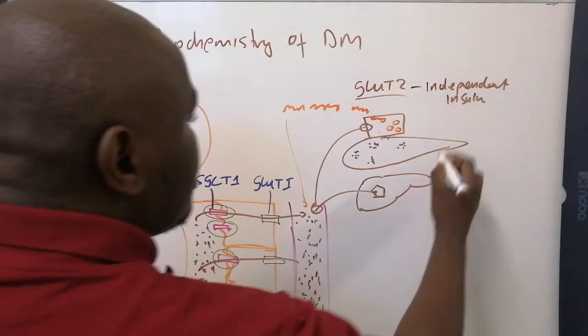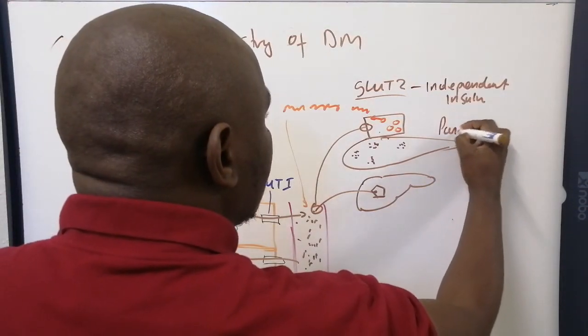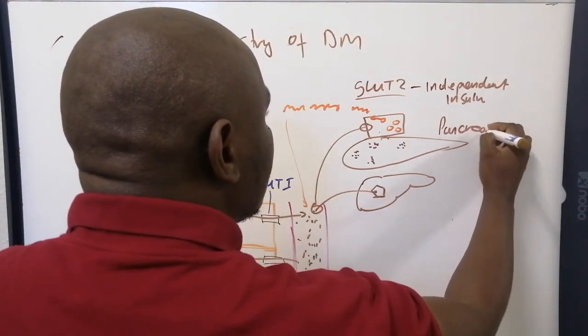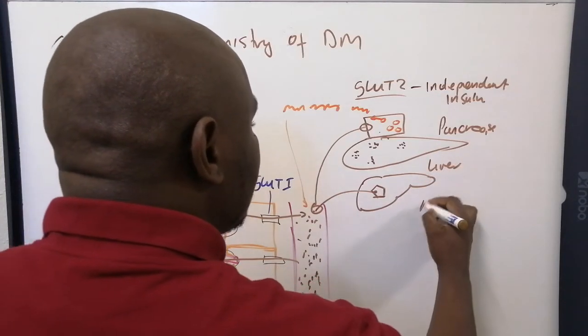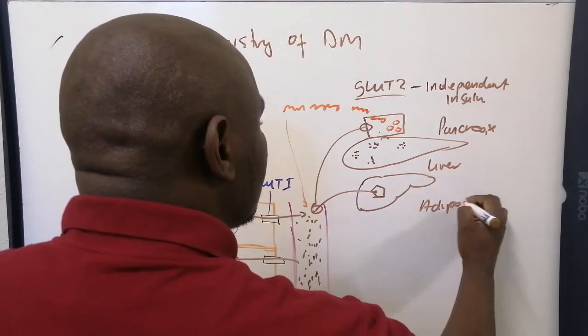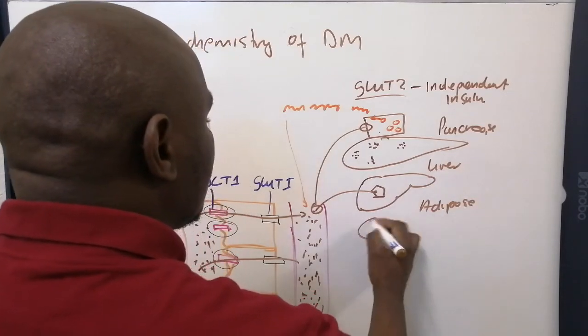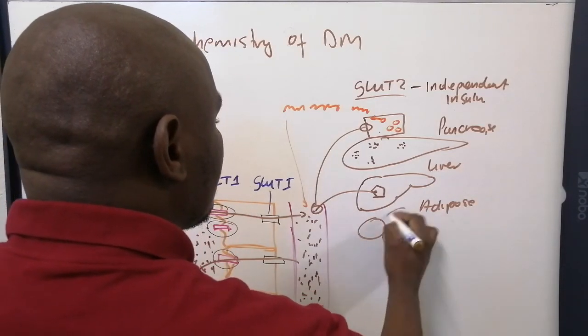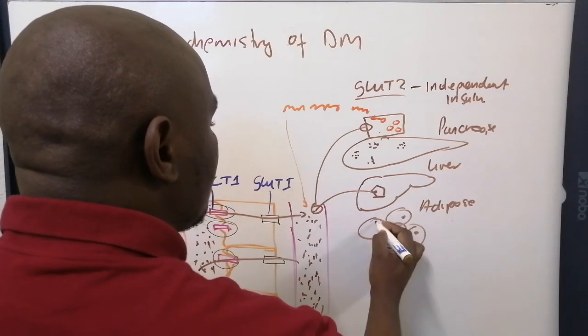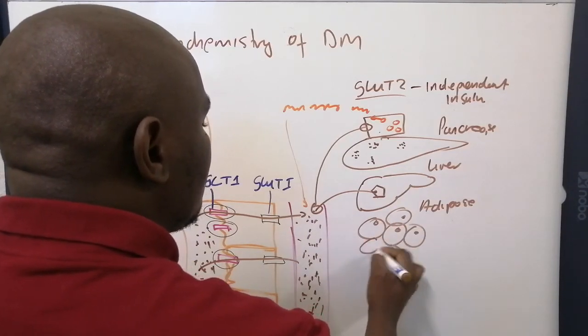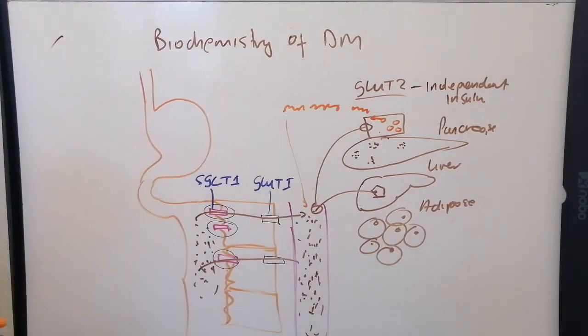So, this is the pancreas. This is the liver. Now, let's draw the adipose. Adipose tissue. These are adipose cells. So the adipose cells, they've got GLUT4 transporters.